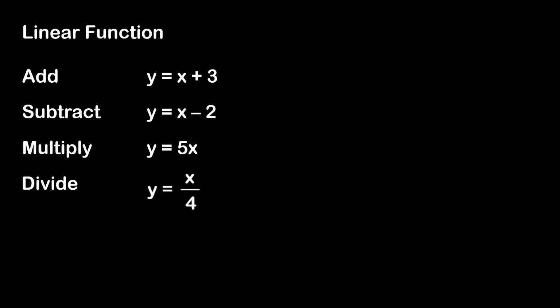And again, we're allowed to do more than one operation. For example, y is equal to 5x plus 2 is a linear function. In this case we are multiplying x by 5 and adding 2, so we're using addition and multiplication. That's perfectly fine. In the next example we have x divided by 5 minus 2.